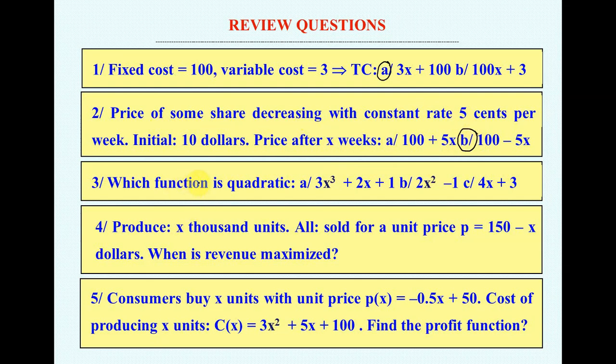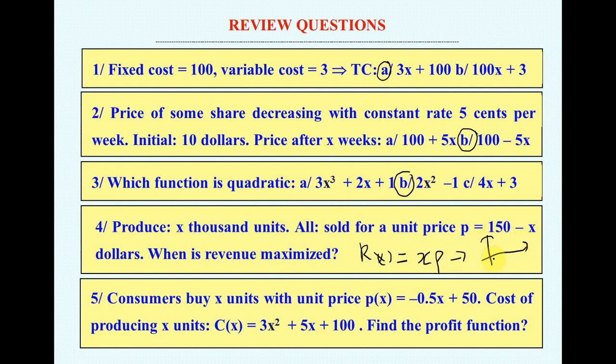Question 3. Which function is quadratic? Quadratic is second degree, so among the three functions we have only B. Question 4. When s thousand units are produced, they will be sold for the unit price p equal to that one, when is revenue maximized? So this is similar to the previous example. You have revenue, this is the quantity multiplied by price.